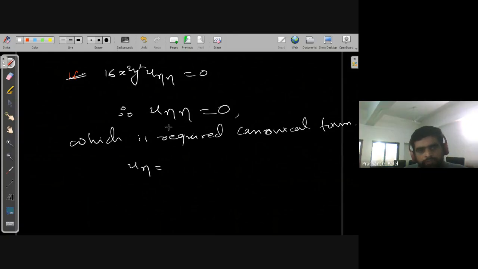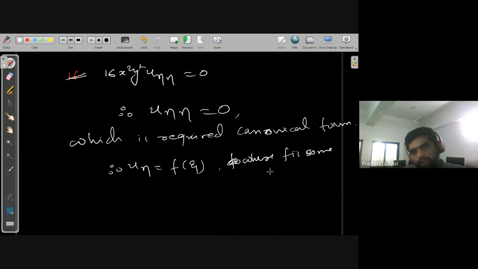because we have u eta eta. So if I take the integration both the sides, this will give me u eta, some constant will be there, but that constant is a function of xi, because it is a partial derivative. So if I integrate with respect to eta, the function of xi will appear. So that's why it is f of xi, where f is some arbitrary function of xi.